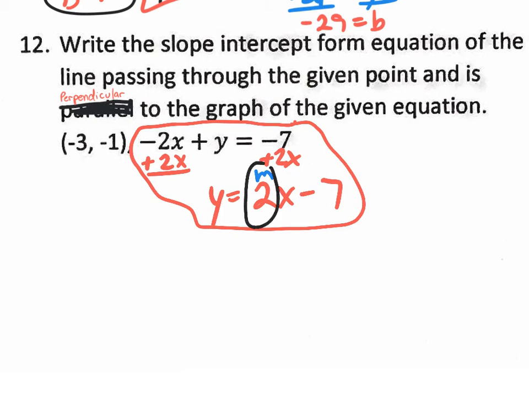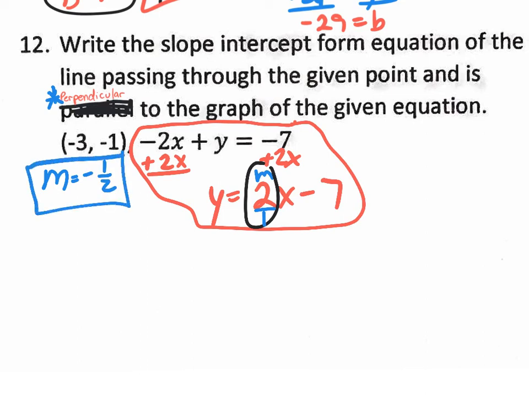Now that I know that their slope is 2, my slope needs to be perpendicular to it. Now, you have to flip it and you have to change the sign. So -1/2. Put the 1 underneath the 2, flip it and change the sign. It's going to be -1/2.